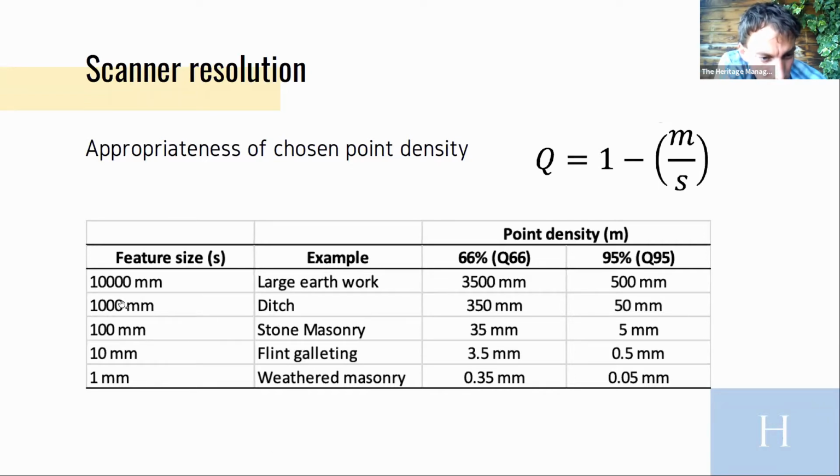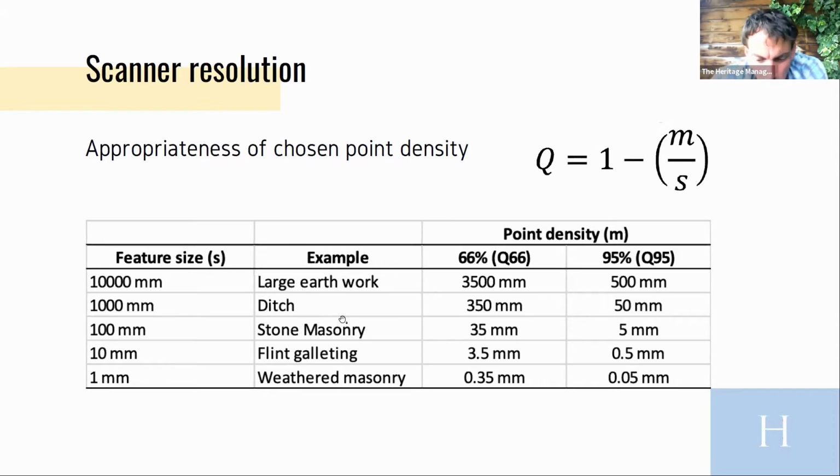For example, if I have here a feature of 1 meter, 1000 millimeters, and I would like to measure it, because it's a ditch, I want to measure it using a laser scanner, then I will have, as some kind of a rule of thumb, a resolution or point sampling of 35 centimeters up to 5 centimeters in this case.